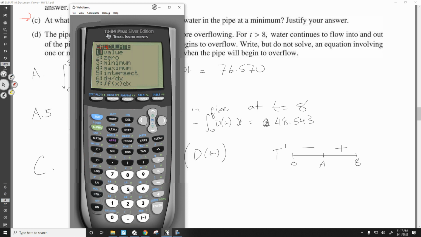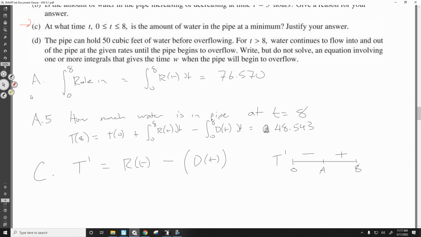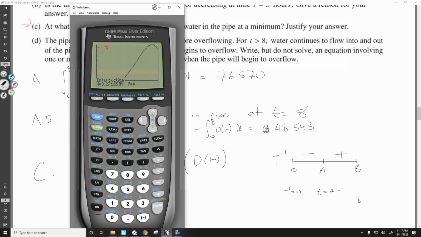Okay, second calc, intersect. Enter, enter, enter, boom. All right, so we get t prime equals 0 at t equals a, which equals 3.2716584.